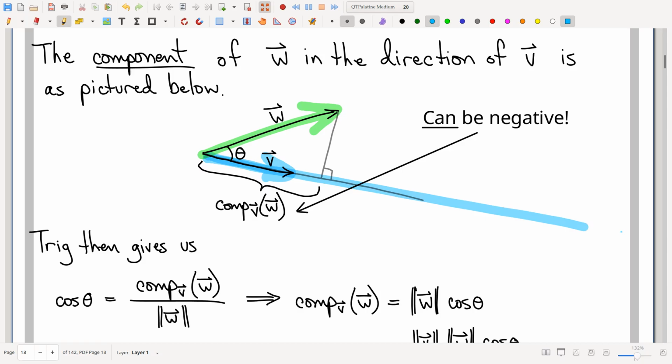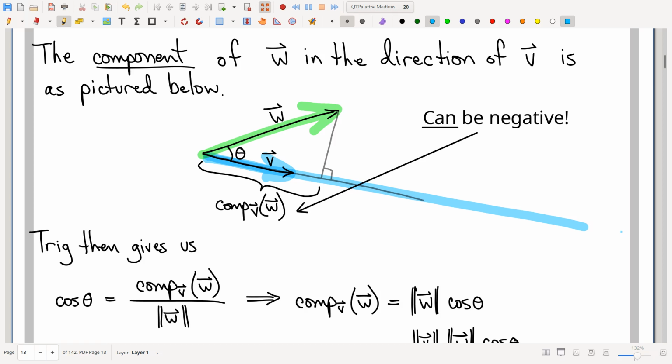And so I'm not interested in the magnitude of W. That's not the point, right? What I want to know is, to what extent have I moved in the V direction specifically? In the V direction is all that I care about. I couldn't care less about the extent to which I've moved perpendicular to V. I just want to know how far have we moved in the V direction.